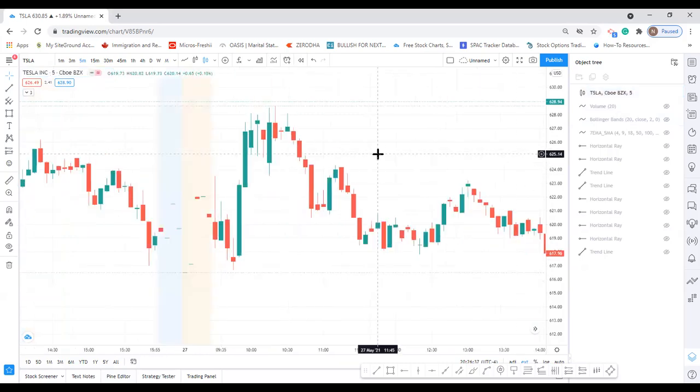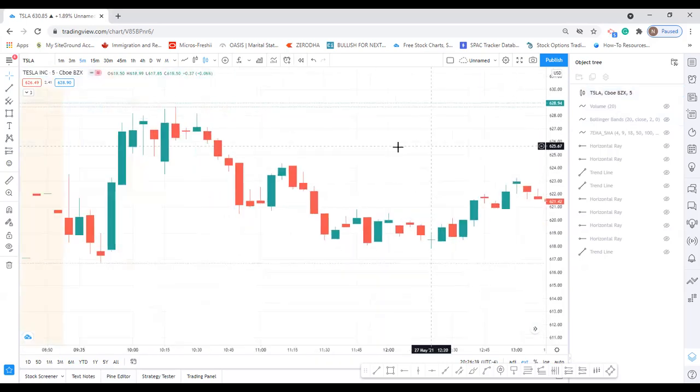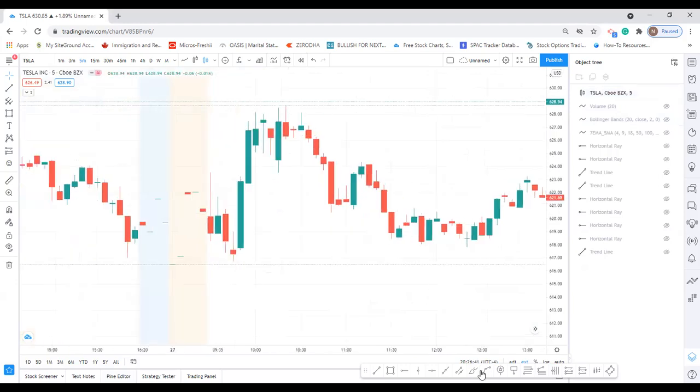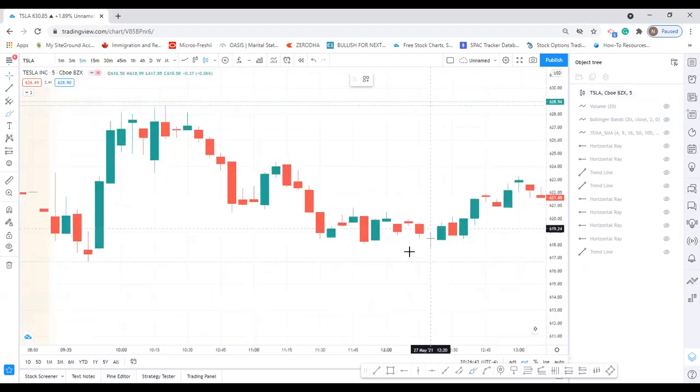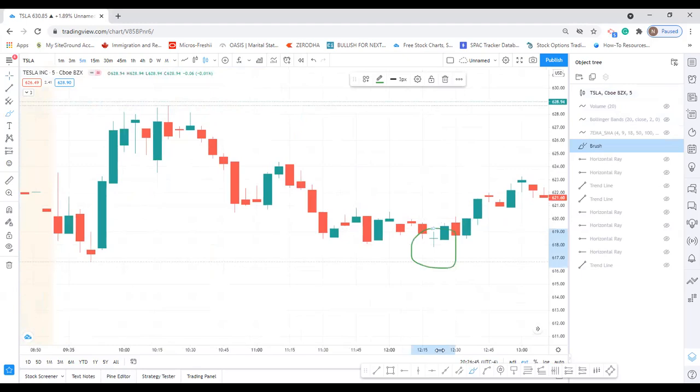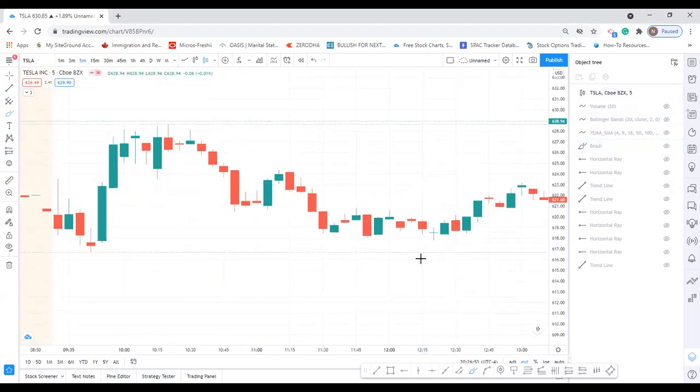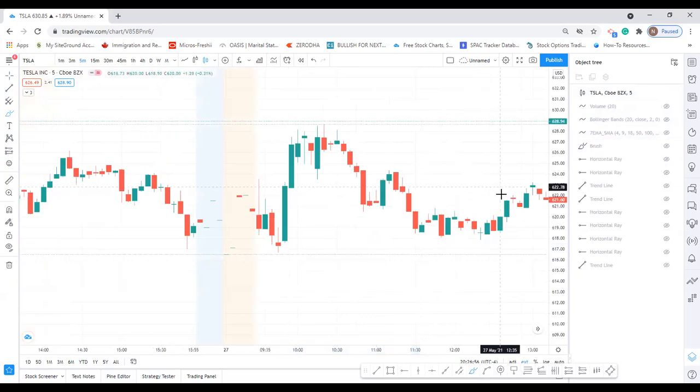Now can anybody tell me what candle this one is? Doji. Okay, now the next question I'm going to ask is, where does it appear? Because nobody knows the right side.